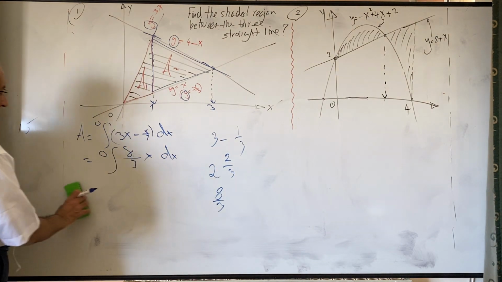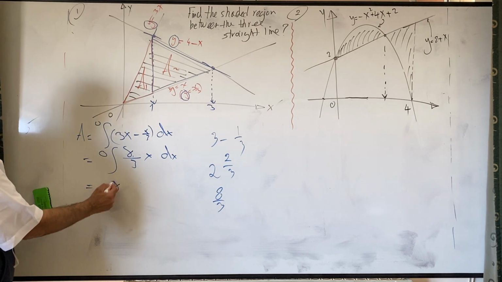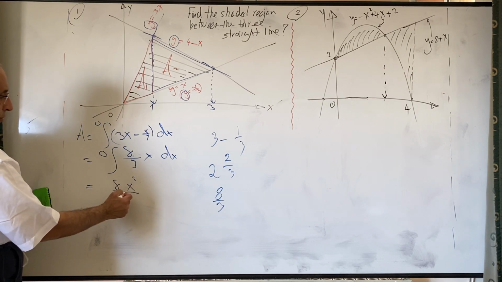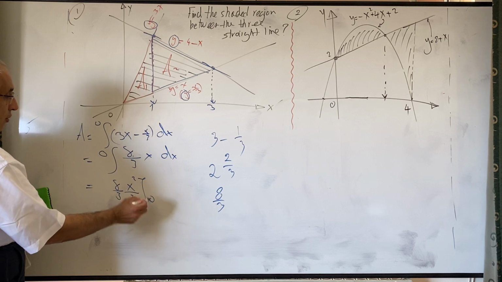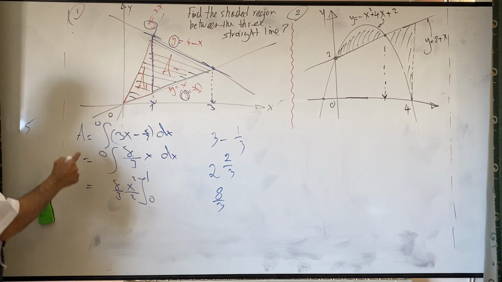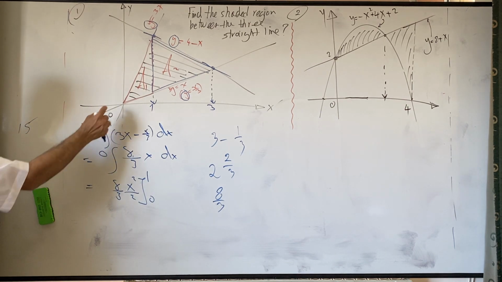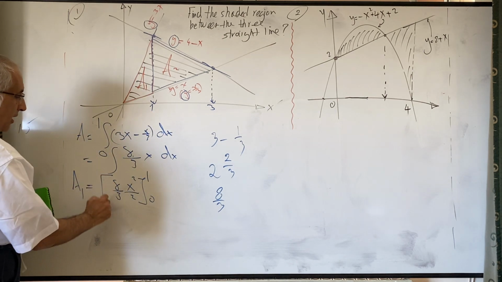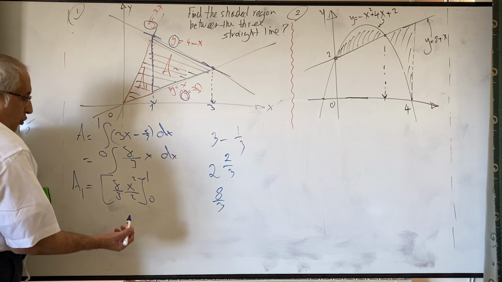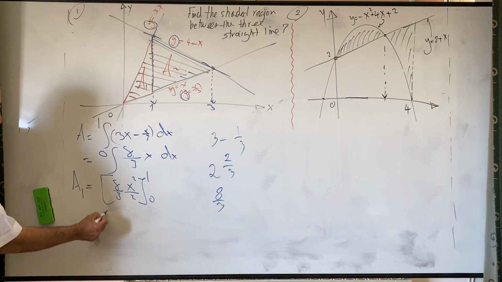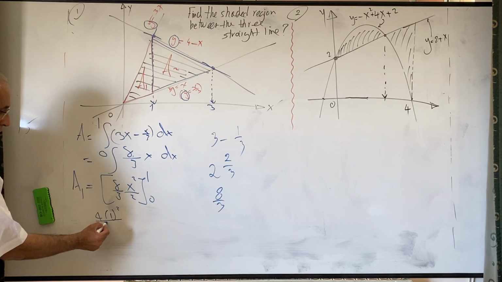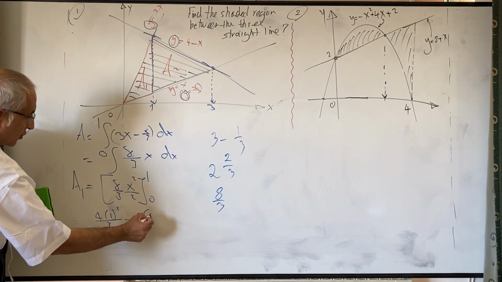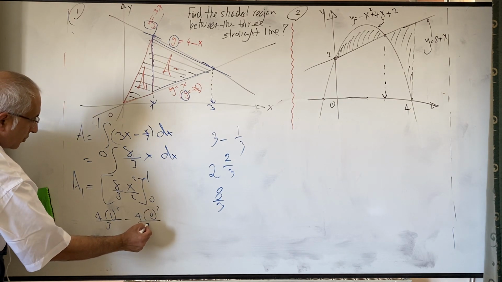Now, ladies and gentlemen, let's integrate that. 8 over 3 x squared over 2 from 0 until 1. So what's area 1? If you plug in this number in there, for sure you're going to say 4, 1 squared over 3 minus 4, 0 squared over 3.